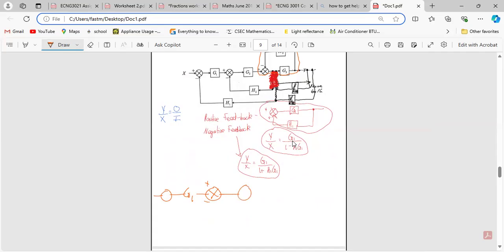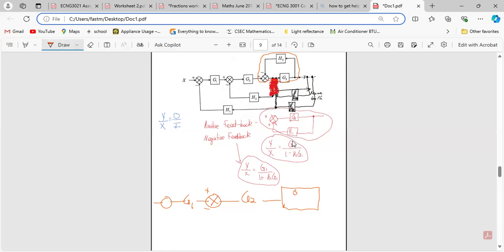G2, now that whole thing boils down to this big block here, so it'll be G3 over 1 plus H3G3. You have Y coming here.